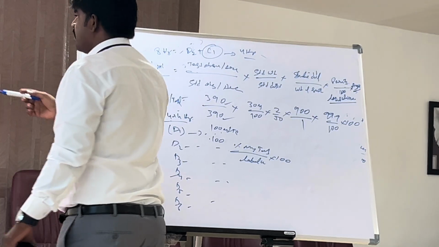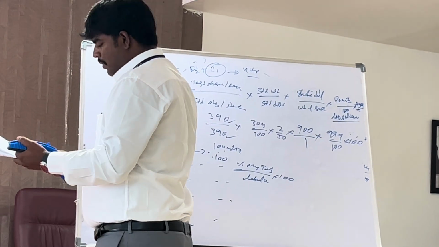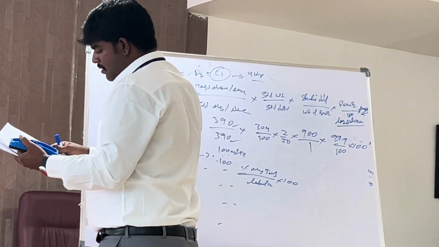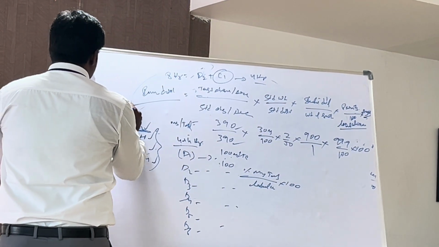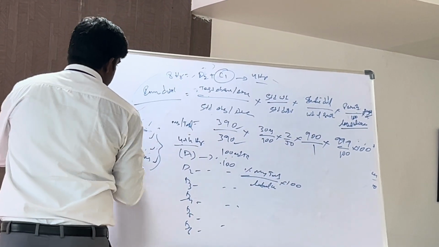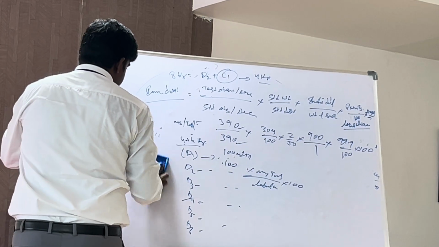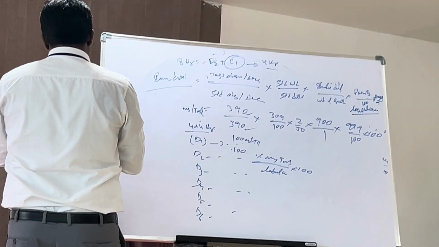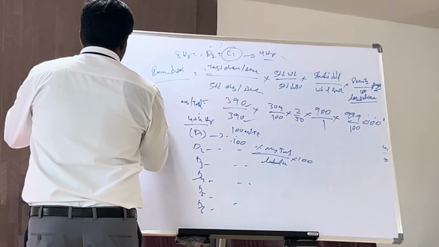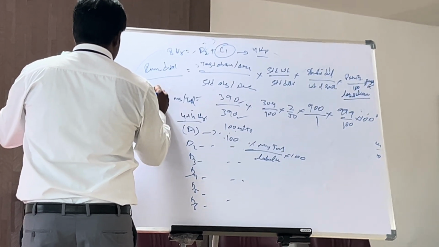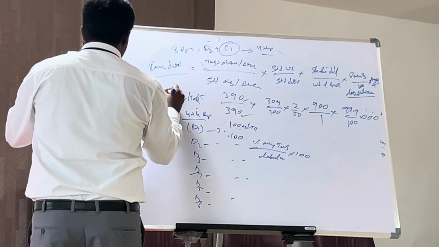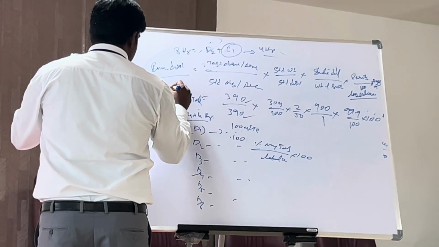There is a formula given here for how you need to enter the correction factor if it is an 8th hour sample: correction factors C1, C2, C3. C1 means D1 divided by 900, multiplied by 10.